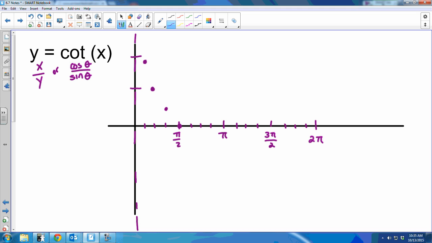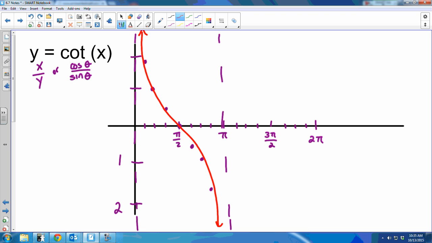So the pattern is inverted, like the opposite direction. The period's still pi. It's still a squiggle, just the opposite direction, right?